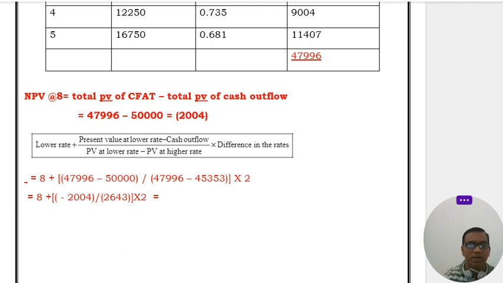So 8 plus, in the brackets, minus 2004 divided by 2643, that equals minus 0.7582, bracket close, multiply with 2.